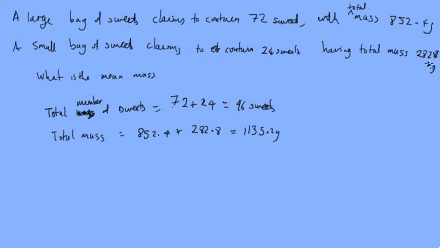That's not meant to be kilograms, that's meant to be grams. So the mean mass is going to be the total mass of all the sweets put together divided by the total number of sweets, which is 11.825 grams.